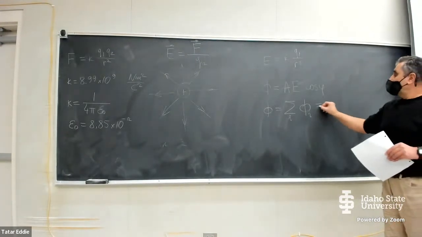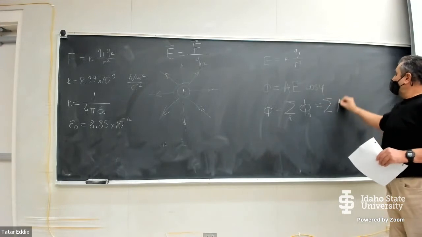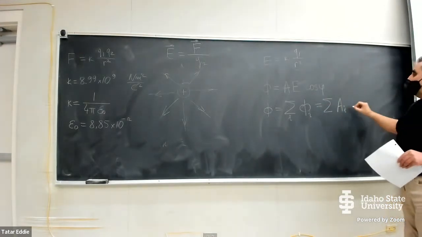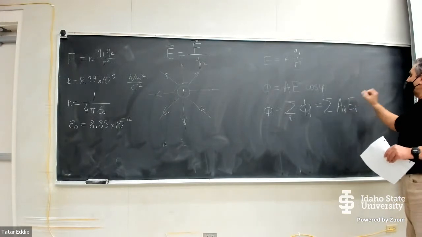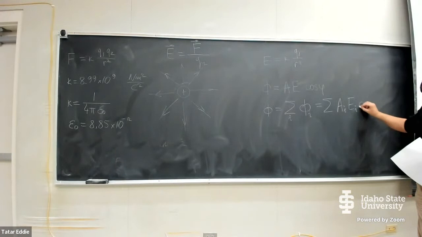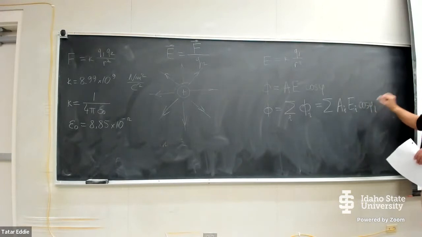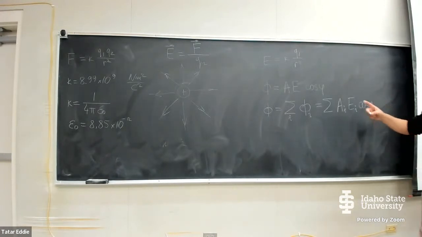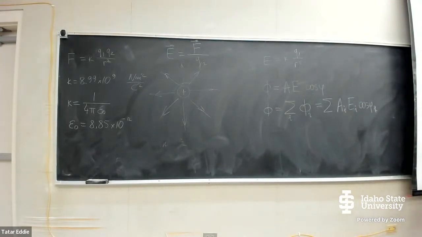In other words, it is a sum of small area A_i times the electric field that goes through the small, infinitesimally small area times cosine of the angle between the normal to this small surface. So you have to make the sum.